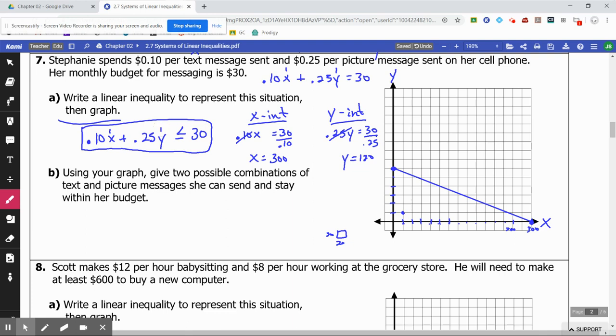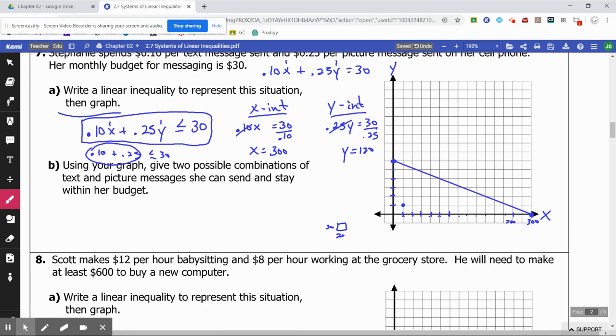When I plug in 1 for x and 1 for y, it gives me 0.10 plus 0.25 is less than or equal to 30. Is that a true statement? Sure, that's 35 cents. Is that less than $30? Yeah, so that would be a solution. If that is a solution, then everything on this side would be a solution, okay?